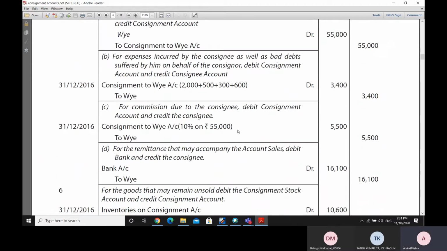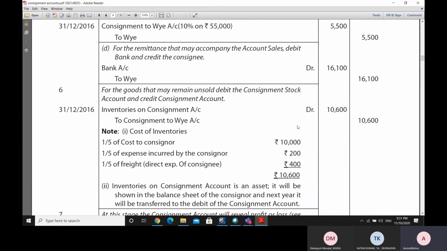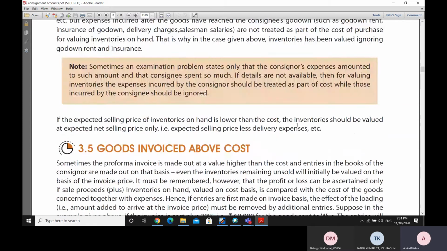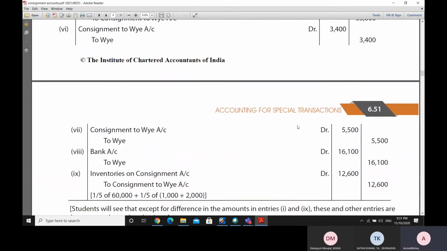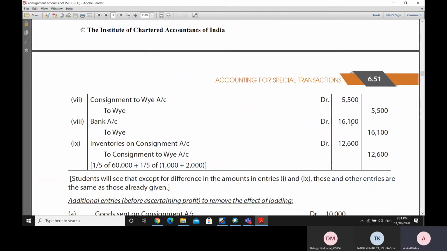Here it is. This is the commission being paid of 5,500 rupees. And thereafter, the 16,100 rupees is also the same entry, absolutely the same, and no difference.